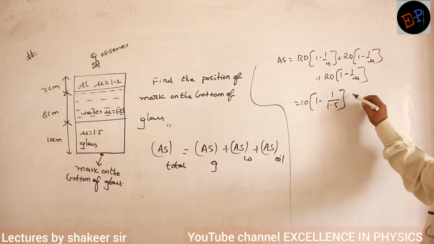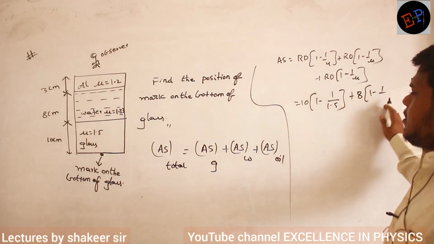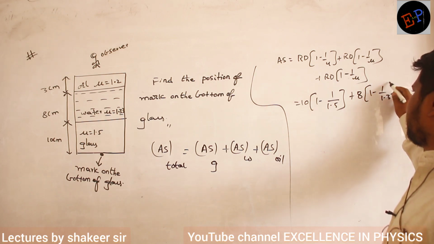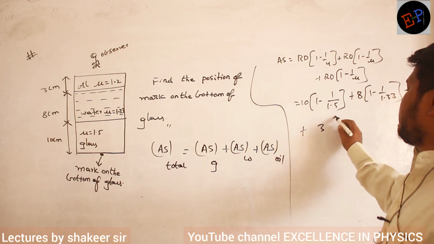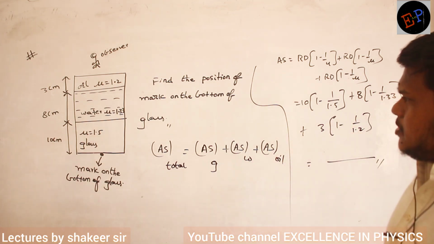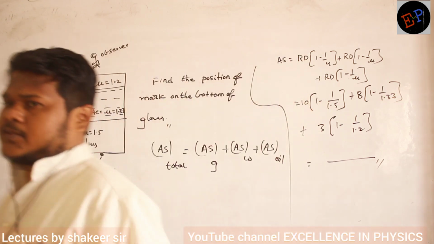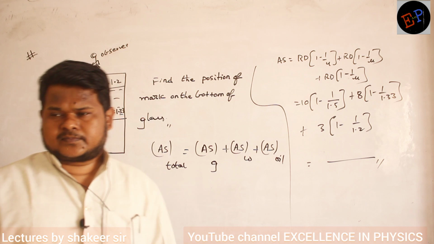Clear? Next, real depth of water, 8 centimeters, times 1 minus 1 by its refractive index, 1.33. Plus the real depth, that is the thickness of oil, 3 into 1 minus 1 by 1.22. Do this total calculation; that will be the apparent shift because of all the three media present.